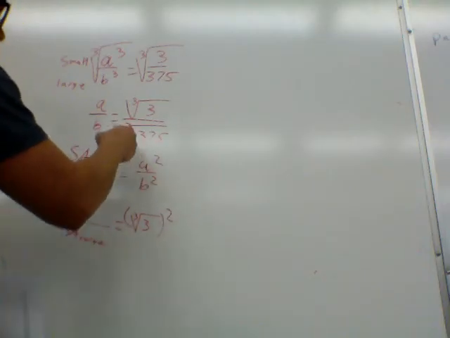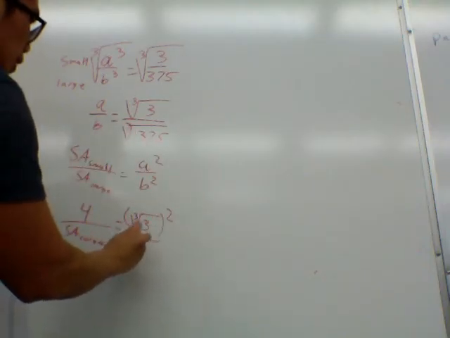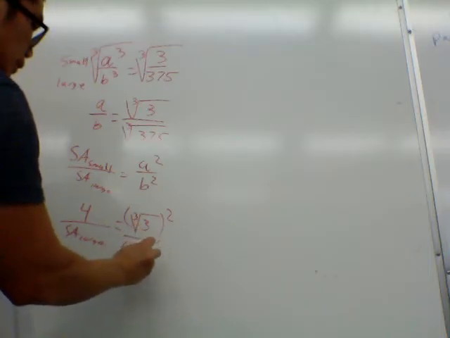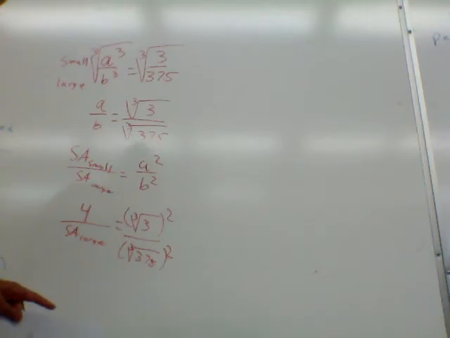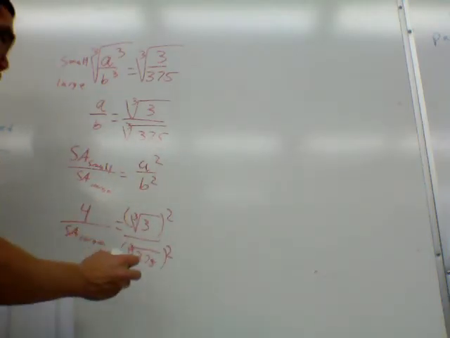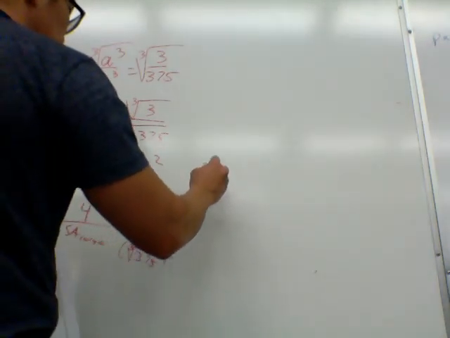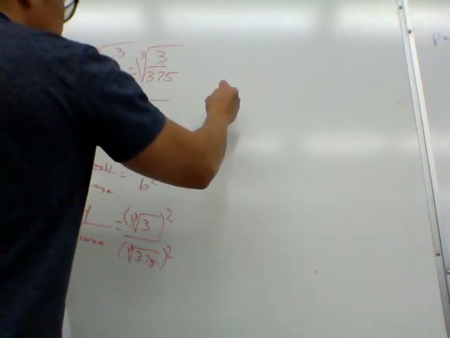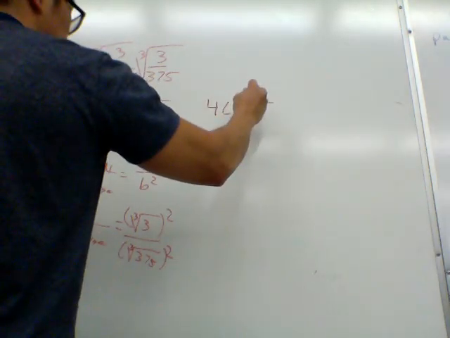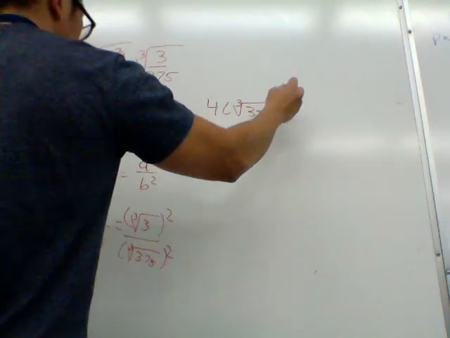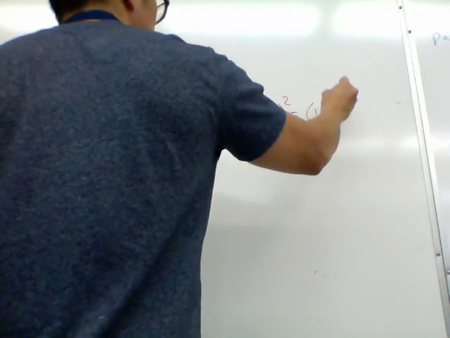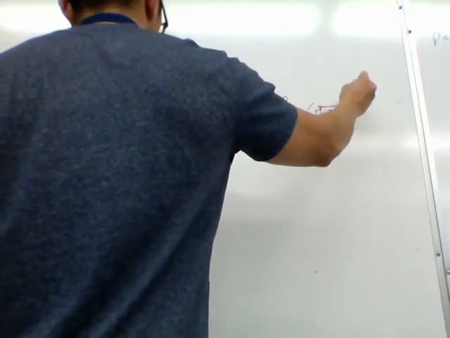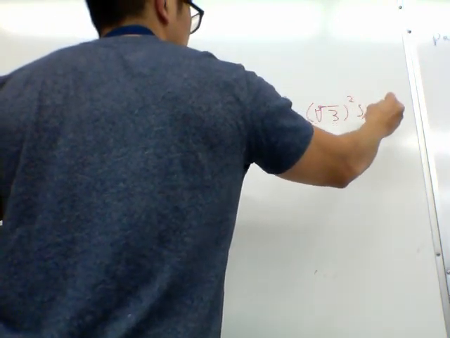And B is the cube root of 375, but I'm going to square that. I'm going to cross multiply. So I get 4 times the cube root of 375 squared is equal to the cube root of 3 squared times SA large.